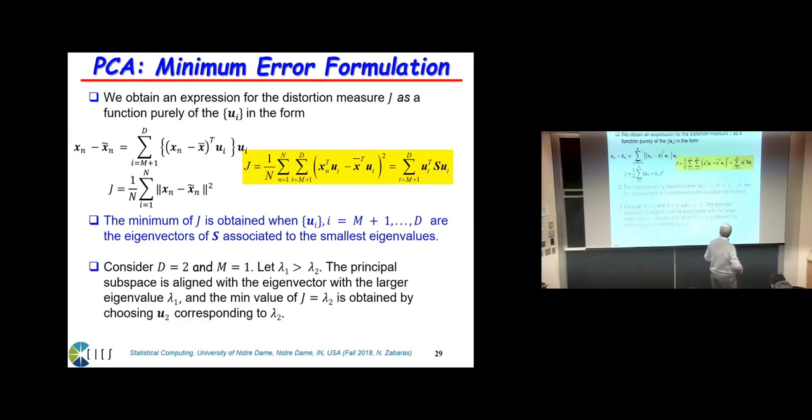So again, if you have a problem in 2 dimensions, and you decide to only do projections on one line, in 1 dimension, then the eigenvector u_1 is going to be the one corresponding to the largest eigenvalue. And the vector corresponding to the orthogonal subspace will correspond to lambda 2, and the minimum value that you will get here will be equal to lambda 2.